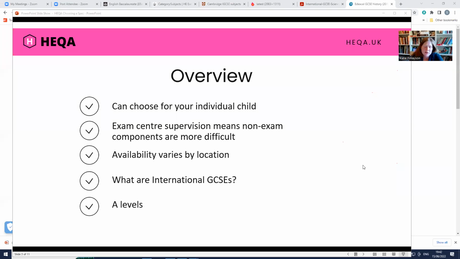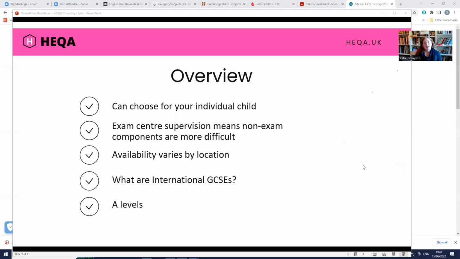Now, they are somewhat different from the regular A levels in that they've got a modular structure. What that means is there's more exams throughout the year. I don't know exactly how many. I think it might be one per term that build up to the full A level, instead of having all of your exams at the end of the two years like you do with the English A levels. So there's pros and cons to that.